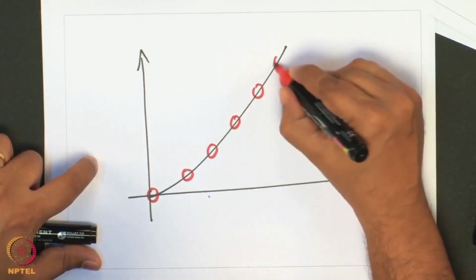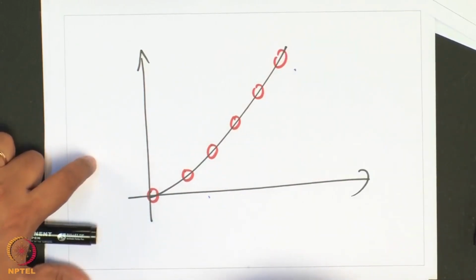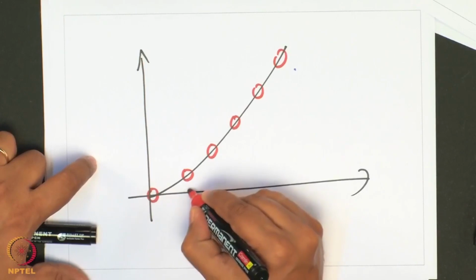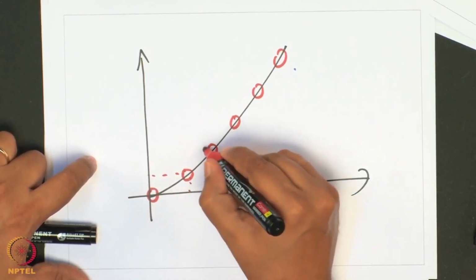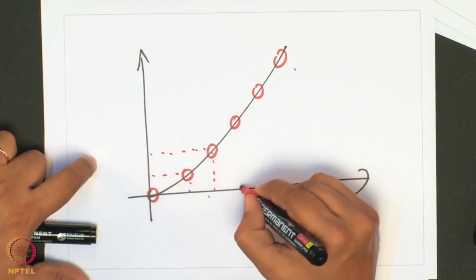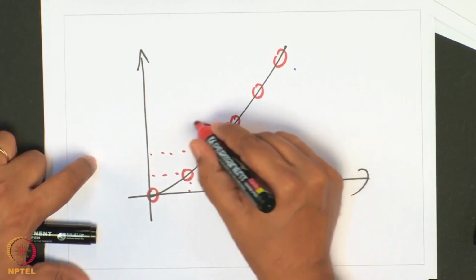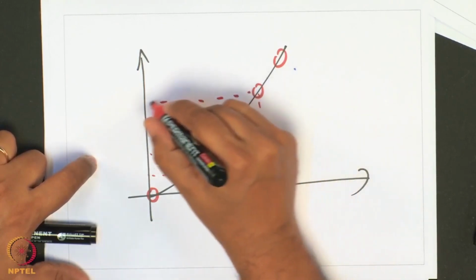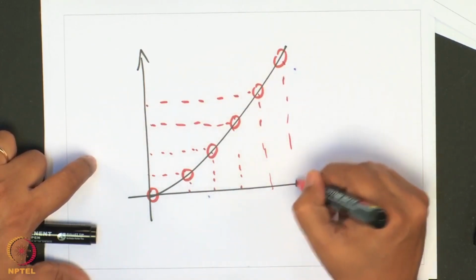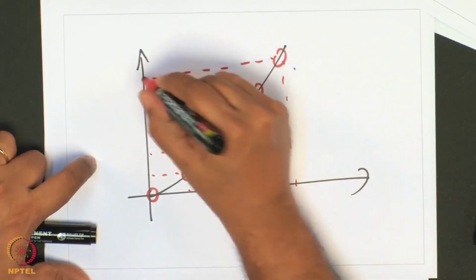We don't have the full curve, we only have this data. For 0 it is 0, for this there is a value, for this there is a value. This is the data that we get experimentally.